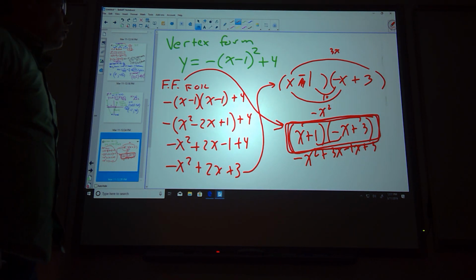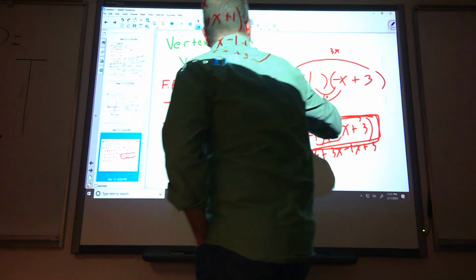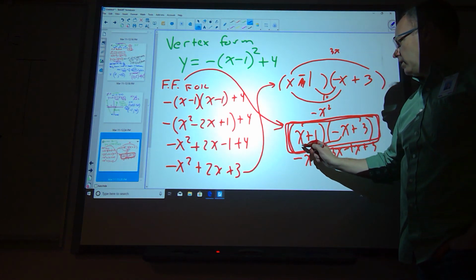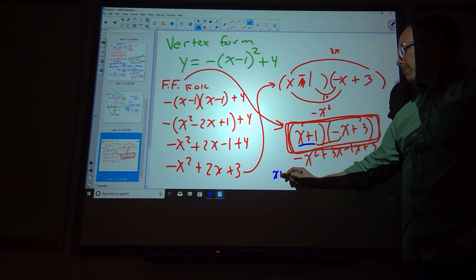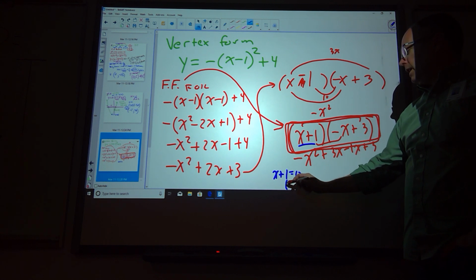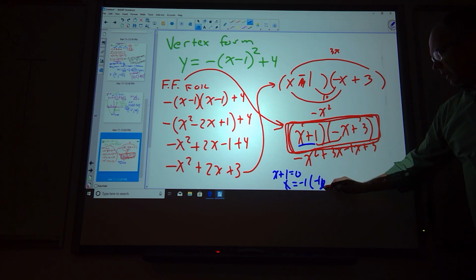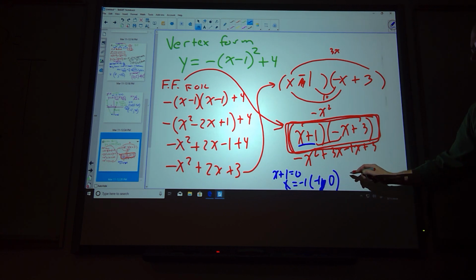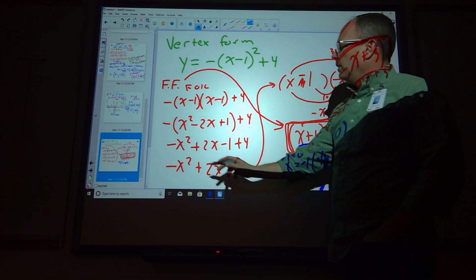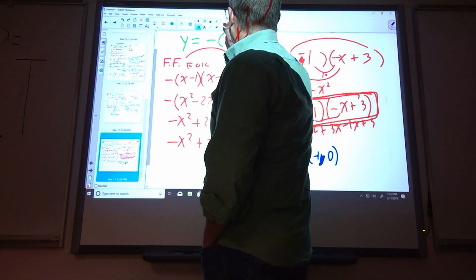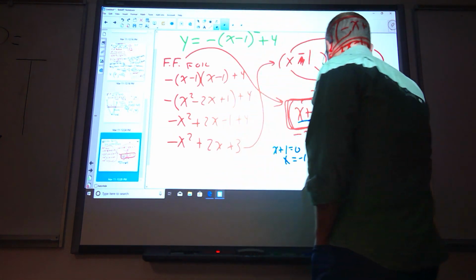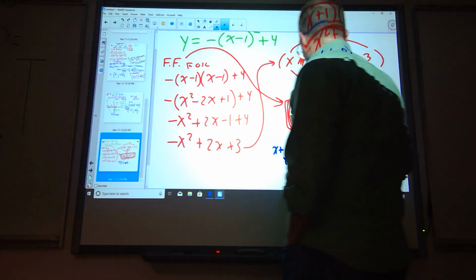If it's in factored form, can I find my x-intercepts? Yeah, heck yeah. So I'm going to take that, set it equal to 0. So I get x equals negative 1. So I get negative 1, comma 0. Let me clean up that comma for you.